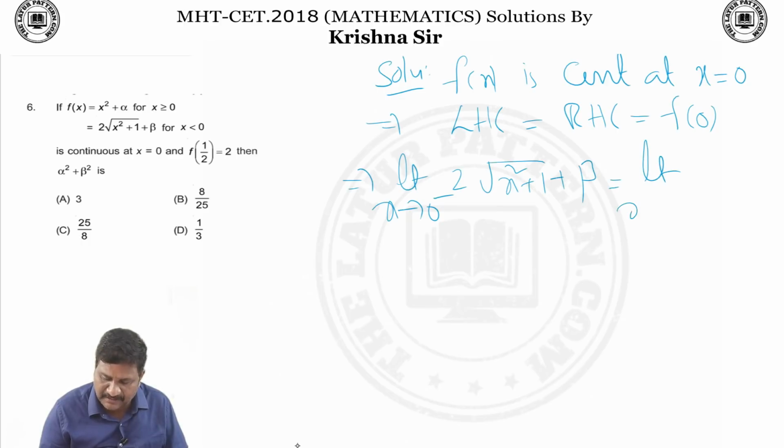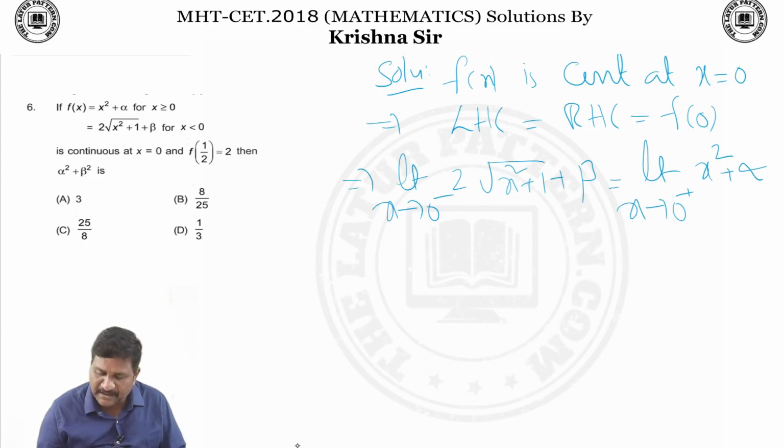RHL, limit x tends to 0 plus. Here the function for x greater than 0 is x square plus alpha, and f of 0. For f of 0, here x equal to 0, the function is x square plus alpha. In place of x, 0 square plus alpha.